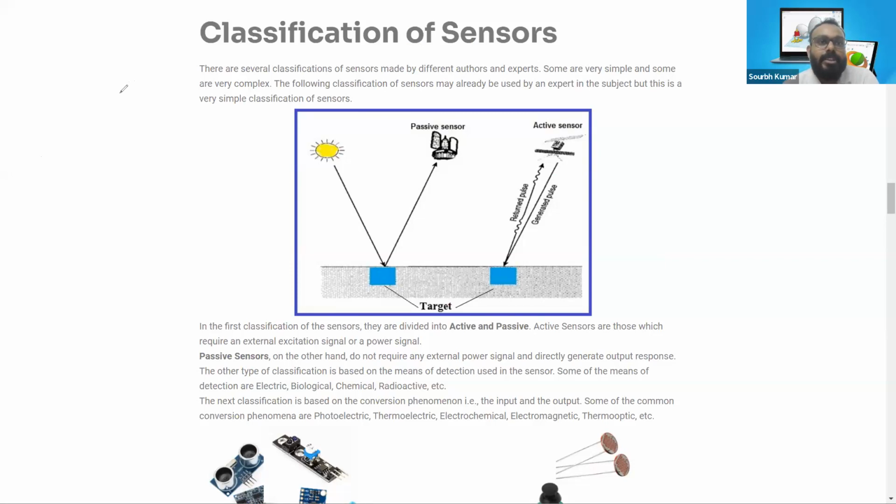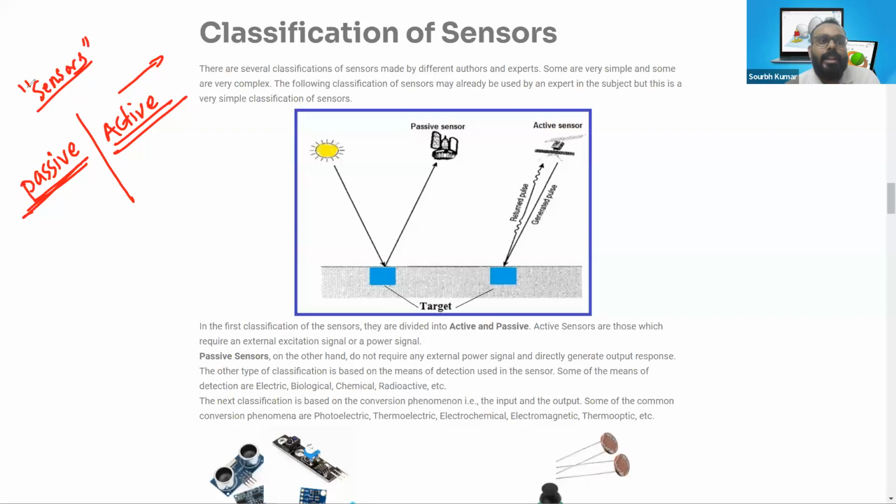So, classification of sensors: we can classify sensors into two types. The first is the passive sensor, and the second is the active sensor. You have to understand the difference between the passive and the active ones. Only then can you utilize the sensor to its full potential, so that it won't create any problem.